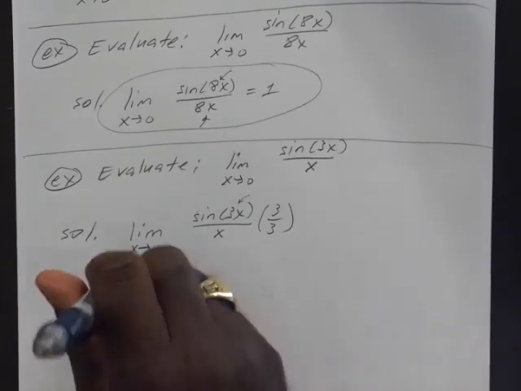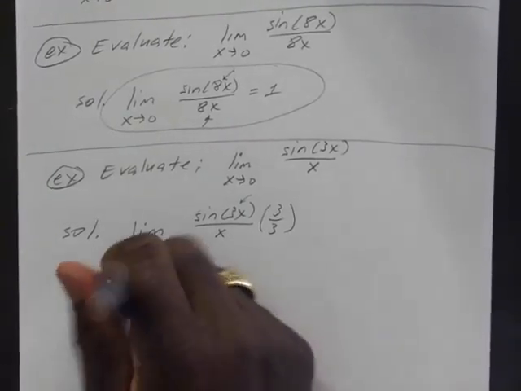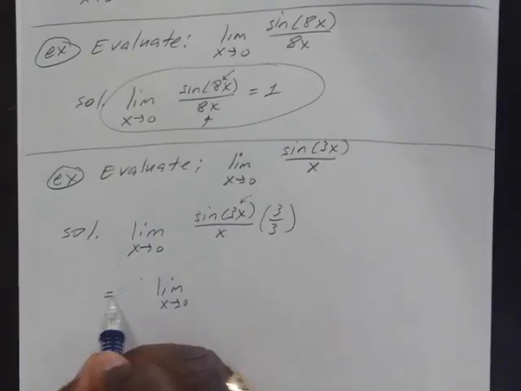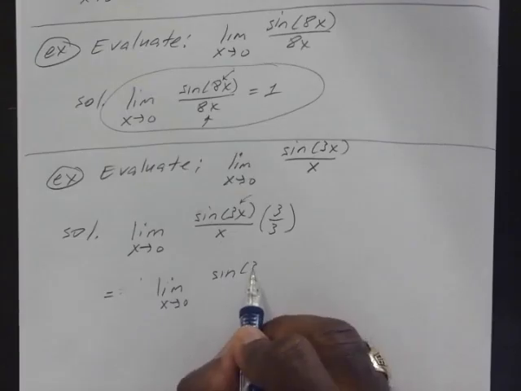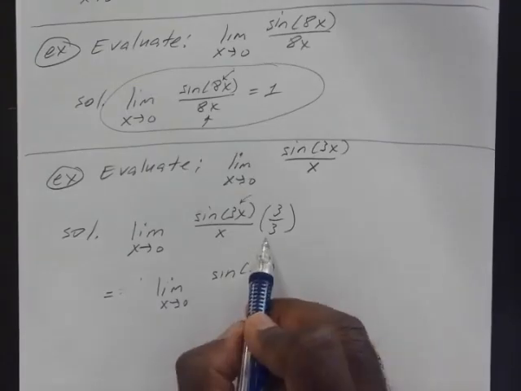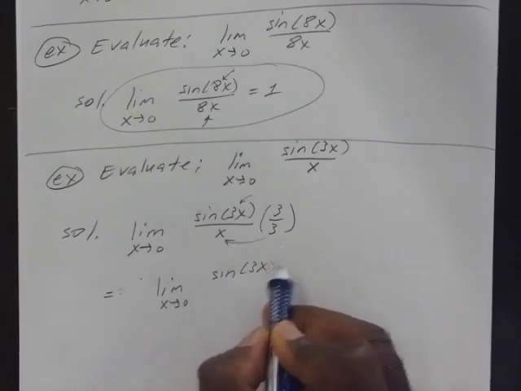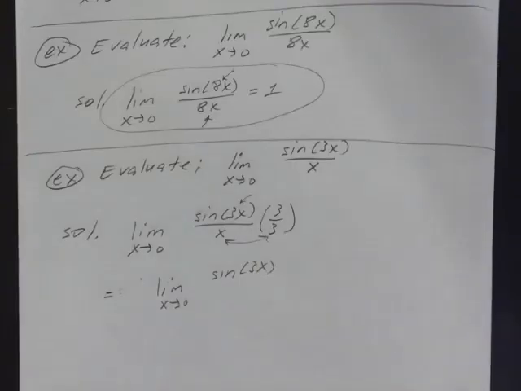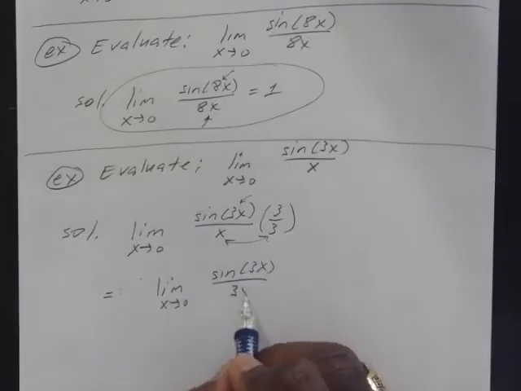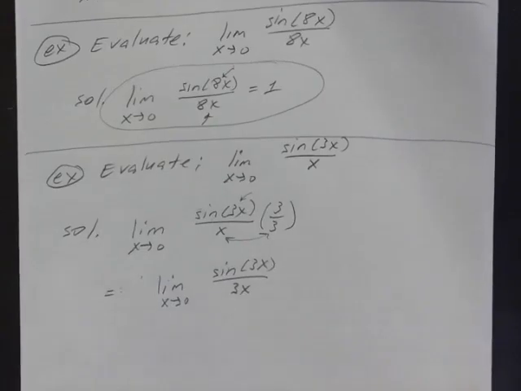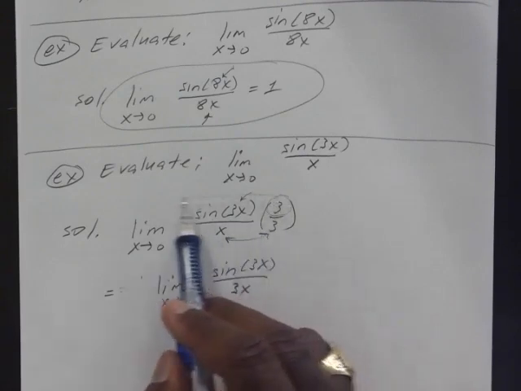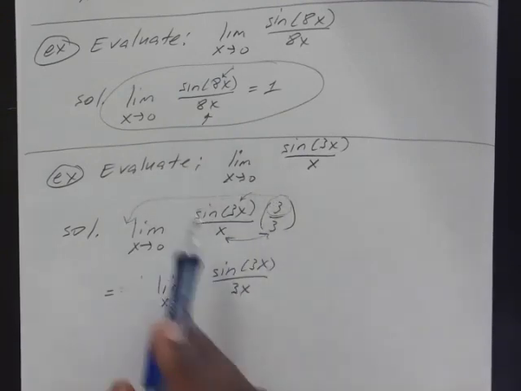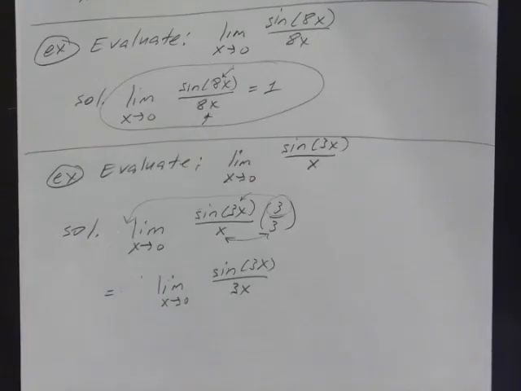I'm going to put a little bit of space in front of this limit. So that's sine of 3x. And we can multiply these two. And that gives us 3x. And this 3 in the numerator, we can just go ahead and factor that out right to the front. Or you could factor it up there, but it's just easier to factor it out to the front.